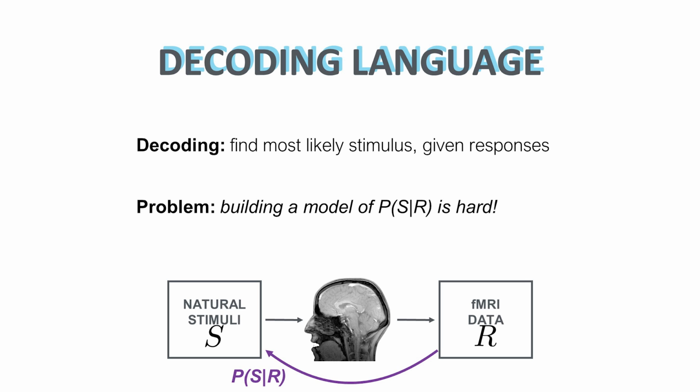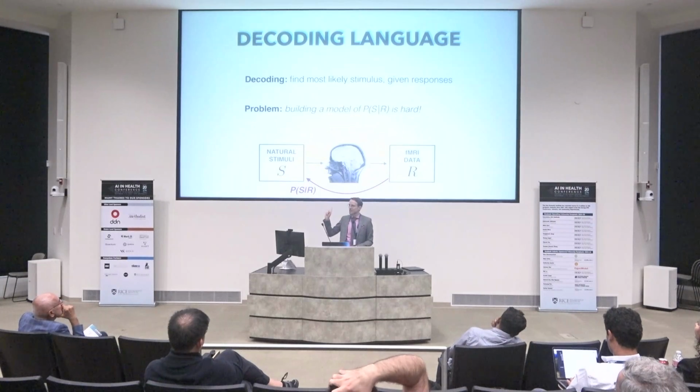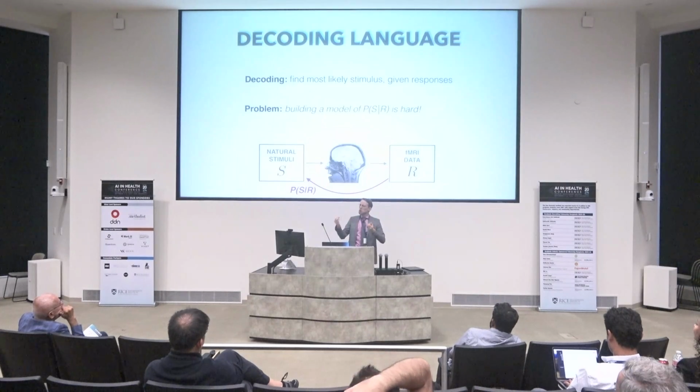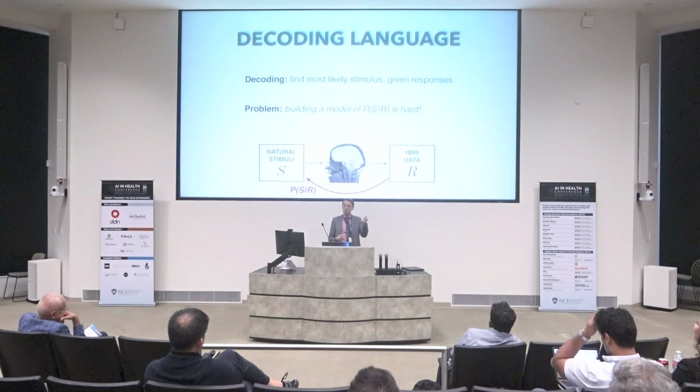It turns out that directly building a model of this is very hard. Nobody has succeeded at doing this for language fMRI yet. This is a hard problem. The details of why are a little peculiar, and it has to do with the temporal structure of fMRI, where what we're measuring is this much mushier, nastier signal than what Chetan was just talking about with spikes. Spikes are beautiful, they're fine in time, they're precise, you really see what each neuron is doing.